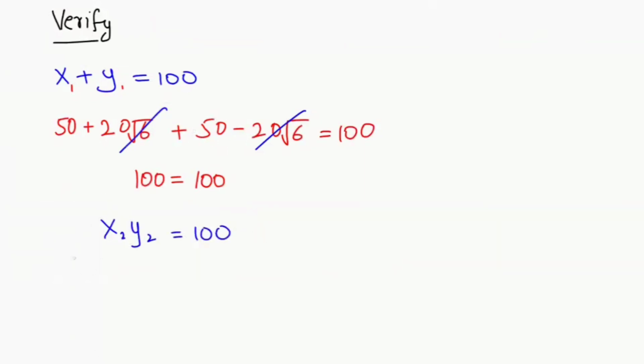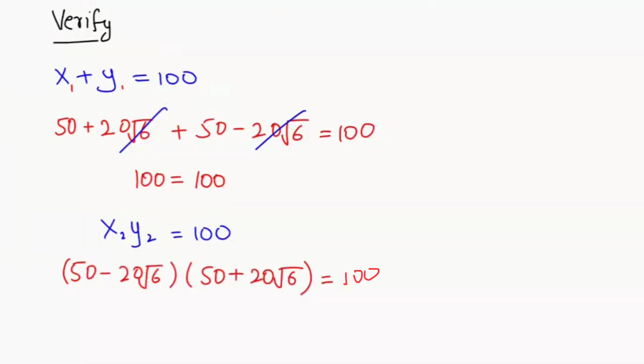So the x2 value we have is negative first, and the y2 value is positive. Now I will apply the algebraic identity, that is a square minus b square equals (a minus b) times (a plus b).